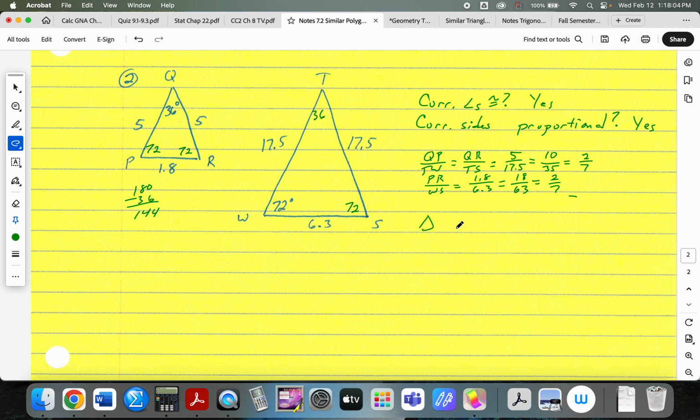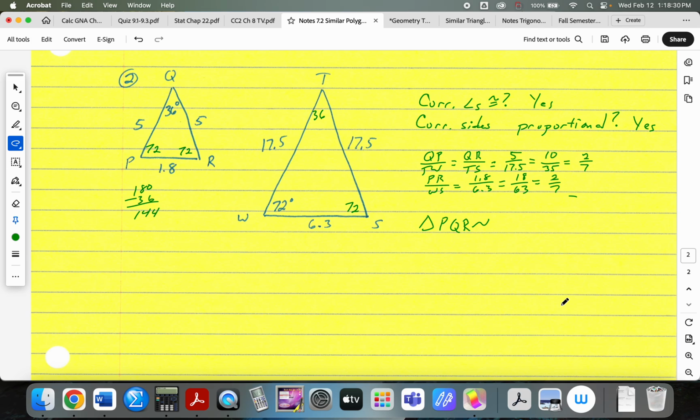So the similarity statement would be like this. Triangle PQR is similar. The symbol for similar looks like the symbol for congruent, just without the equal part. Remember when we first talked about congruent, we said the squiggle was same shape and the equal was same size.